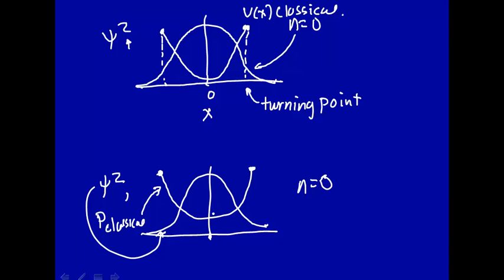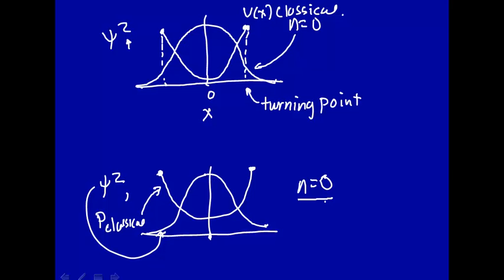But quantum mechanics says for the n equals 0 case that you have the maximum probability at the center. So classically minimum probability, quantum mechanically maximum probability. So how do you reconcile this?